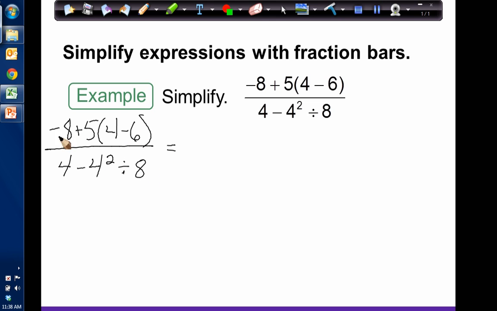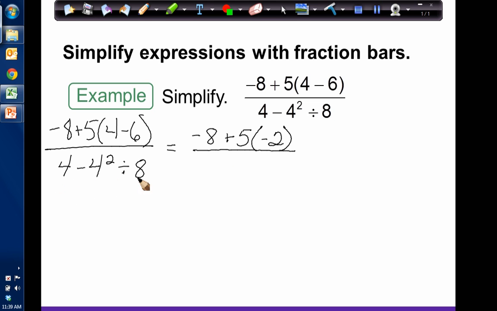Okay, so in the numerator, we're going to follow order of operations. That tells us to do things inside the parentheses first. So I'm going to copy down everything else. And inside the parentheses, we have 4 minus 6, which is negative 2.